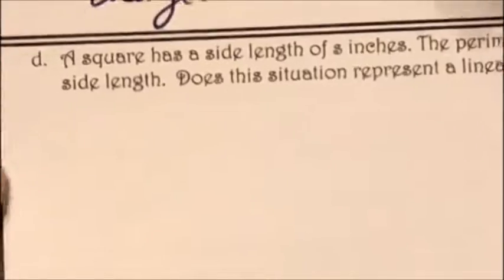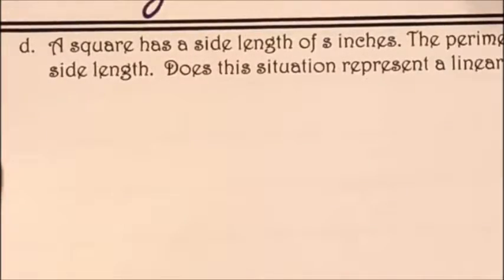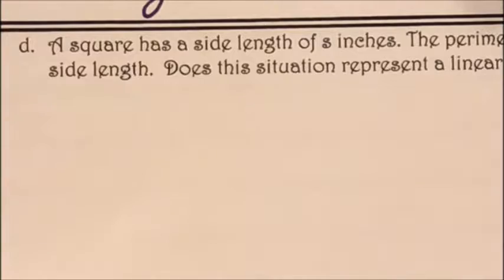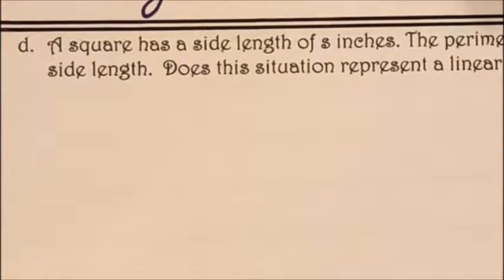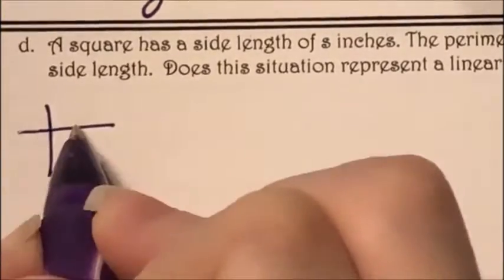Letter D says a square has a side length of s inches. The perimeter of the square is a function of the side length. Does the situation represent a linear or a nonlinear function? Explain. Let's make a table.